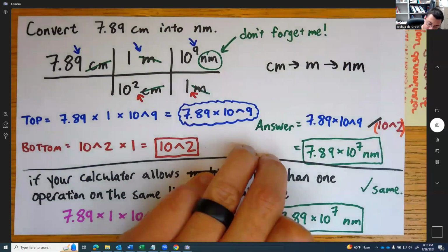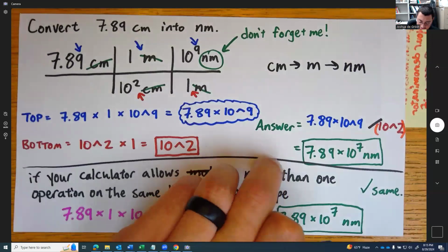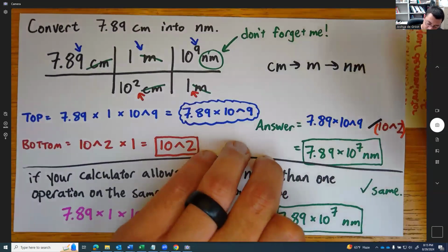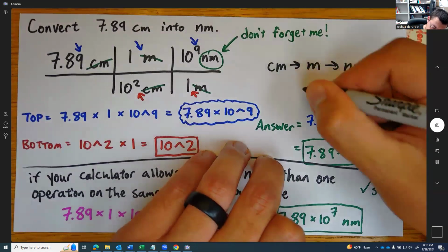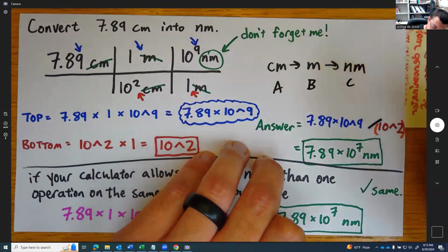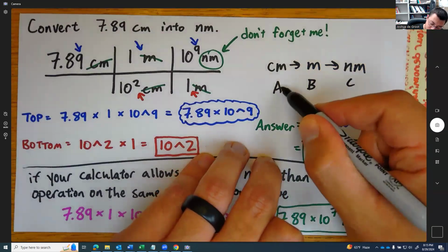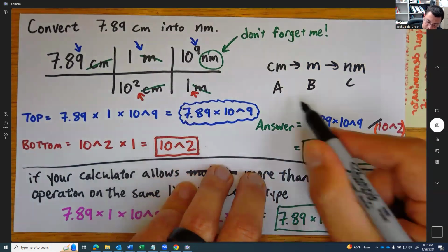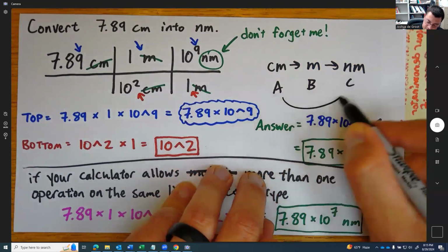This kind of reminds me of air travel. Let's say we were trying to fly from A to C. There's a way of getting a direct flight.